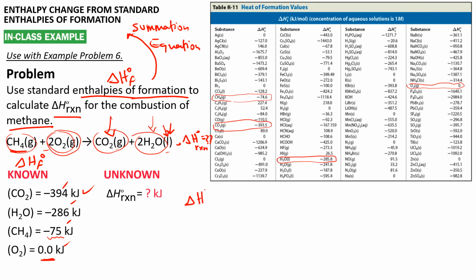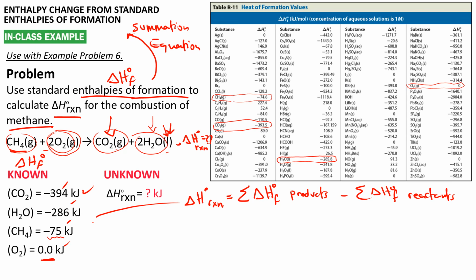Now delta H RXN is going to be the sum of the delta H F node of products minus the sum of the delta H F node of reactants. So this is going to be equal to, what are the products? Here are the products, right?